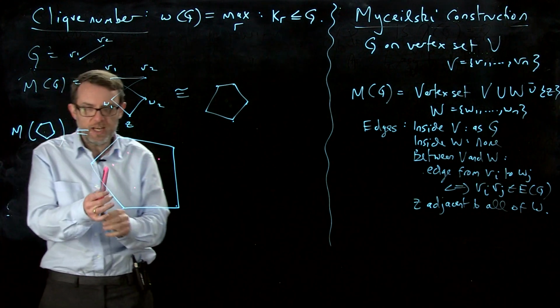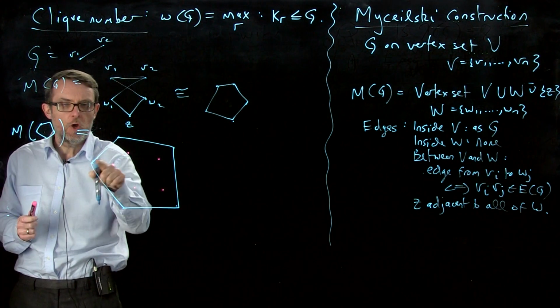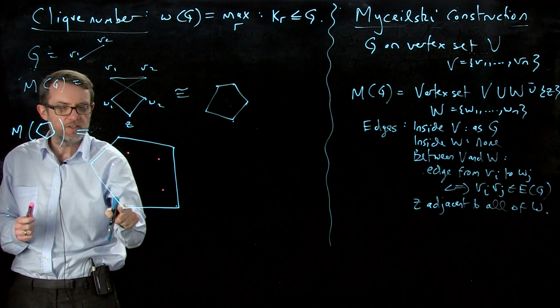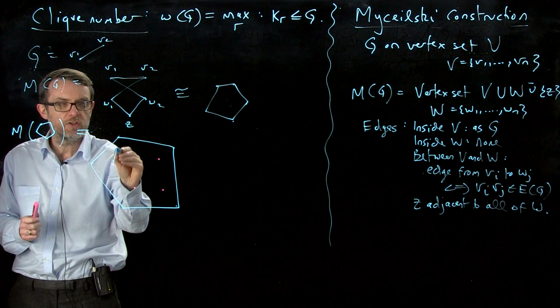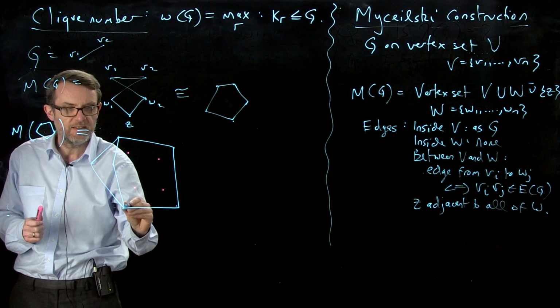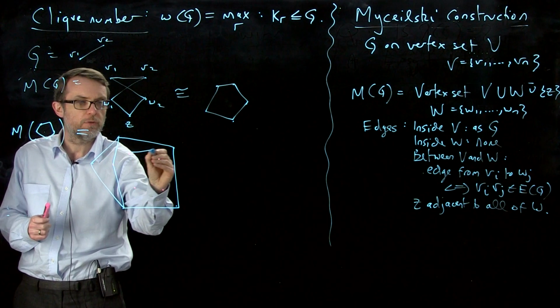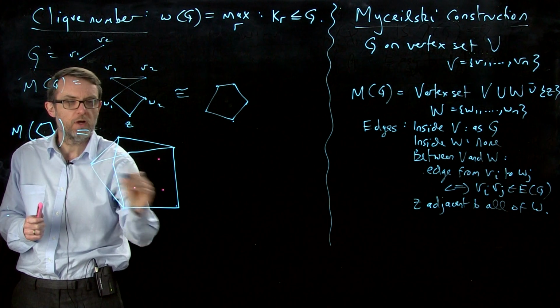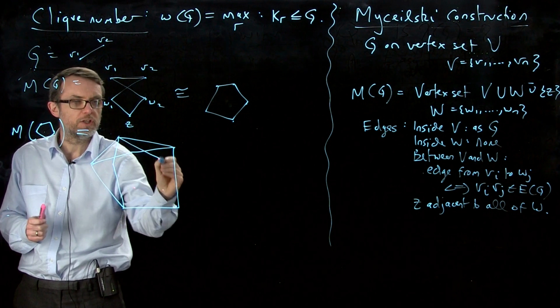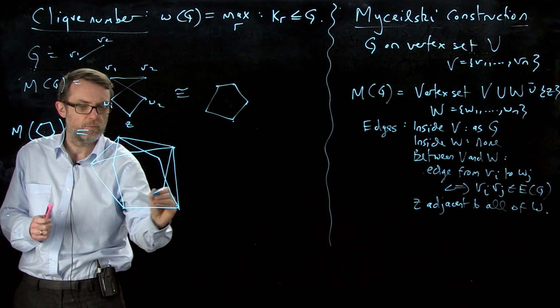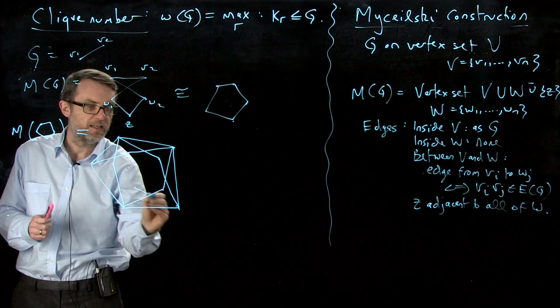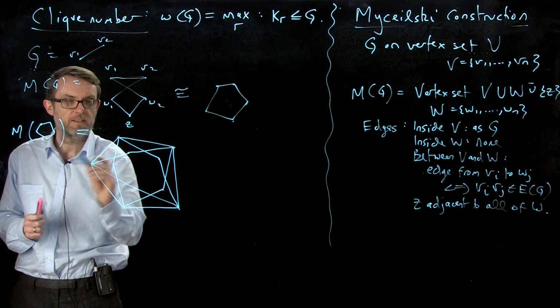And how are the adjacencies between the V's and the W's? Well, this vertex here is adjacent to this one and this one, which means that this W should be adjacent to this guy and this guy. This vertex should be adjacent to this one and this one, and likewise for each of the remaining vertices.